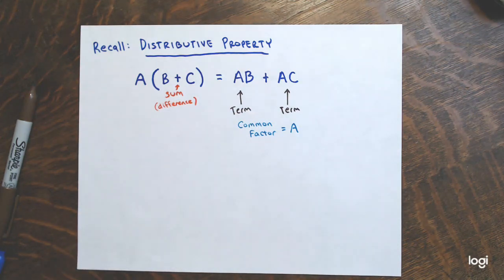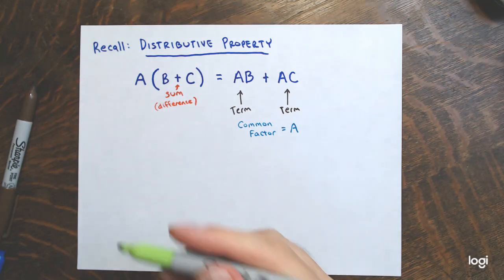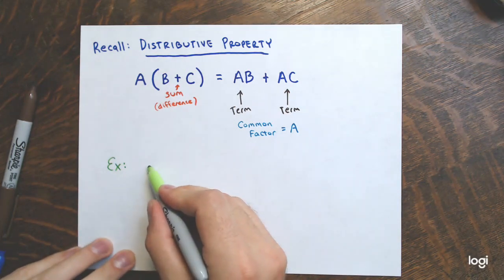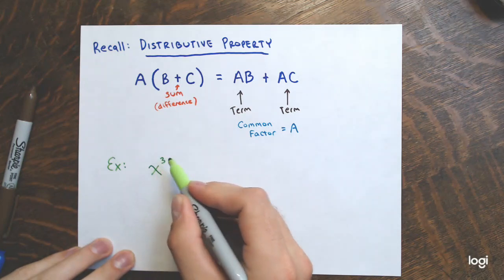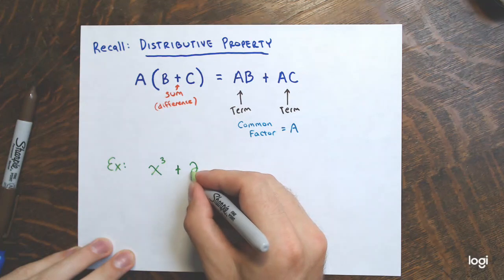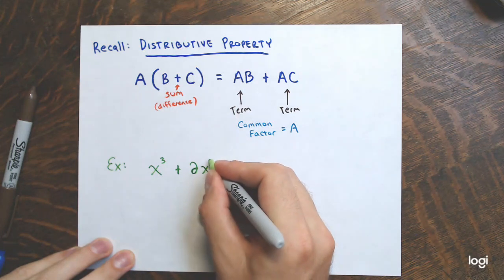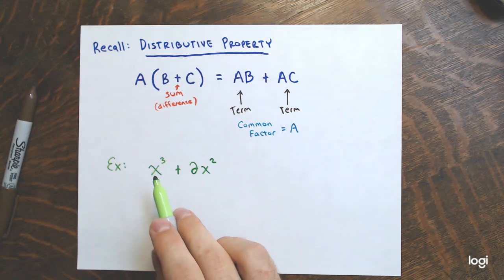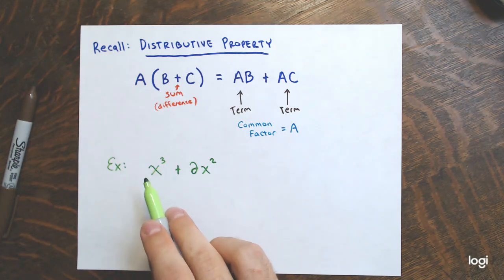An example of this that you might be familiar with, I'm going to do an example here where we have whole number powers. So if I had, for instance, x to the third power plus 2 times x to the second power, this is a term, x cubed times 1, if you want to think of it that way.